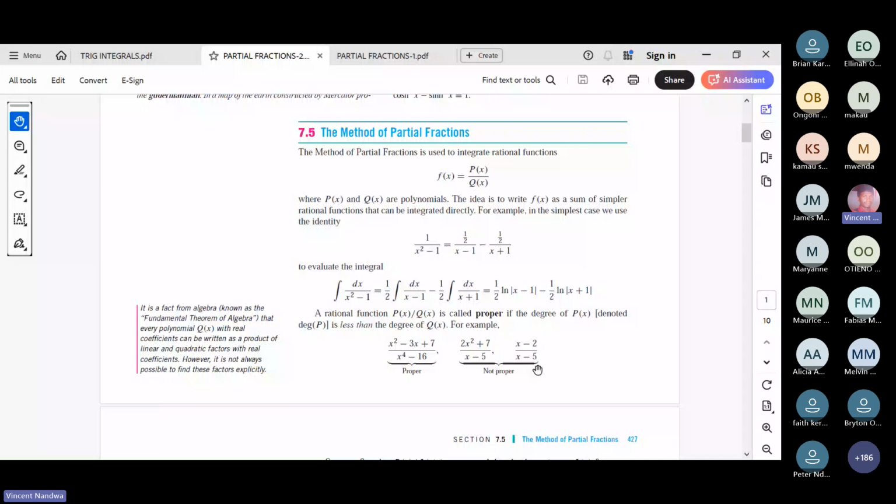So a rational function is said to be proper if the degree of the numerator is strictly less than the degree of the denominator.